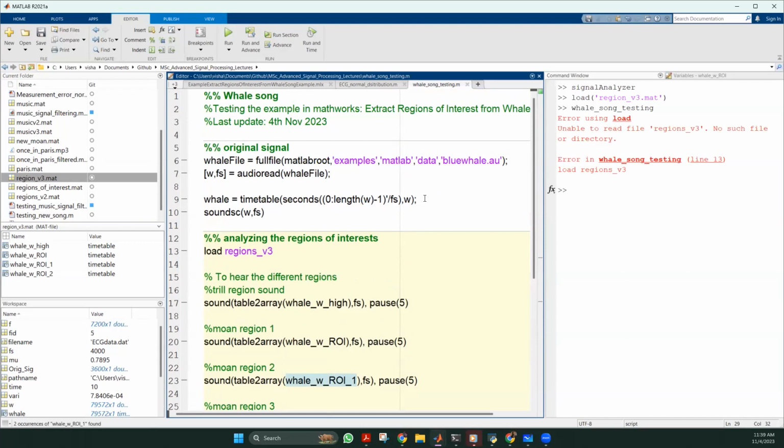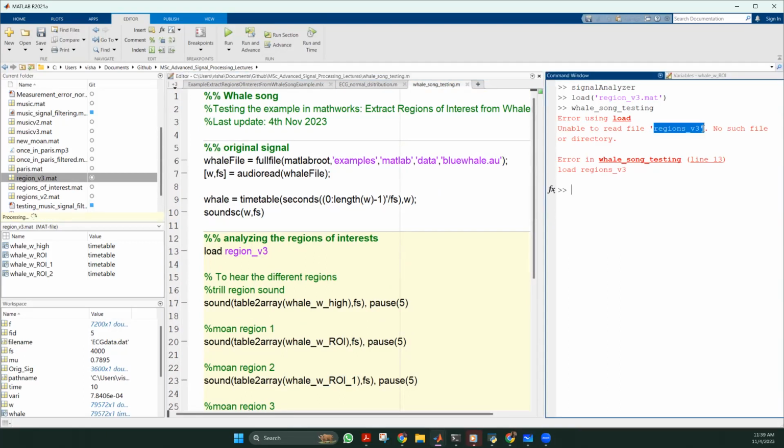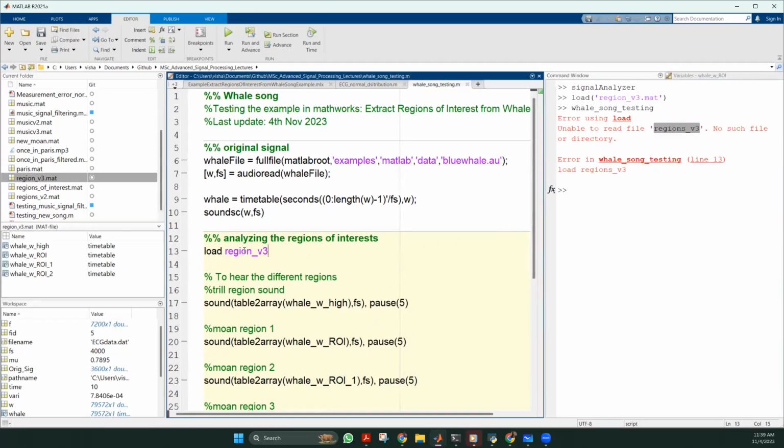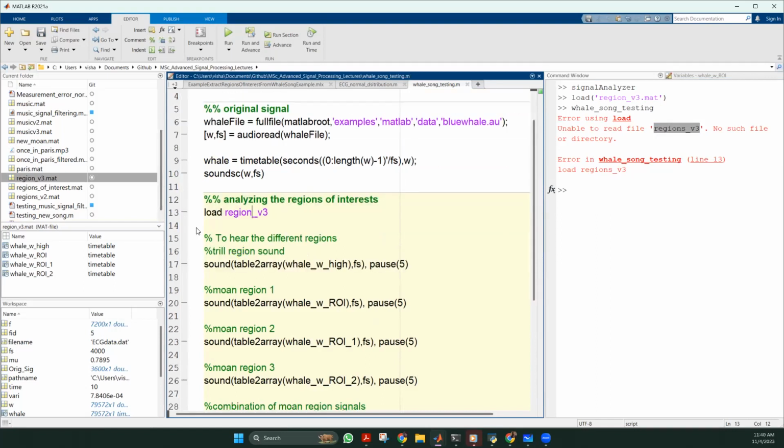I think the whale sound is coming. At this point, I got an error called regions version 3 is not found. I have named the file as region, so I will remove the S.